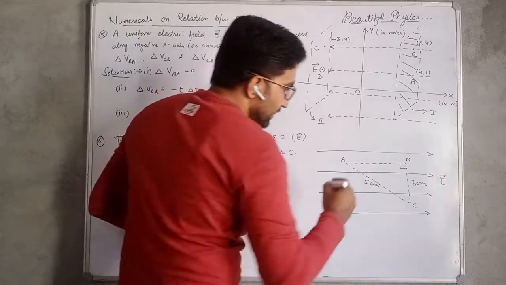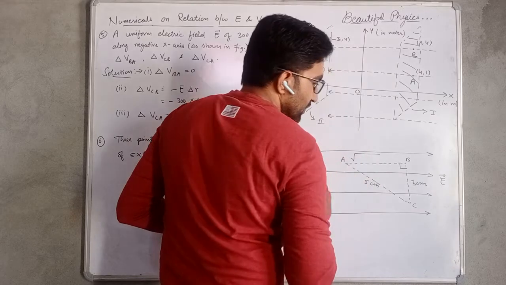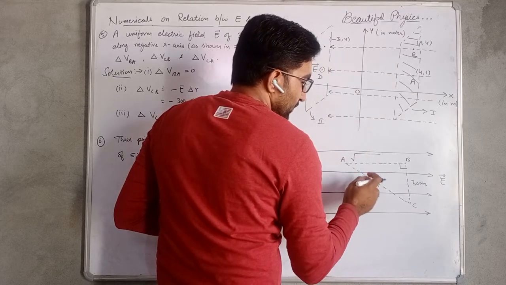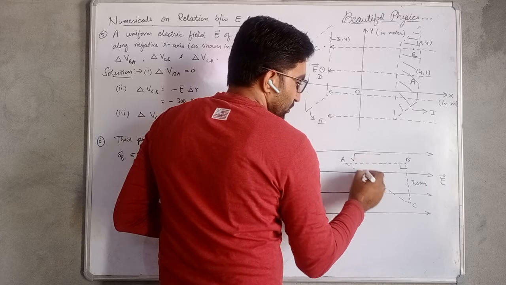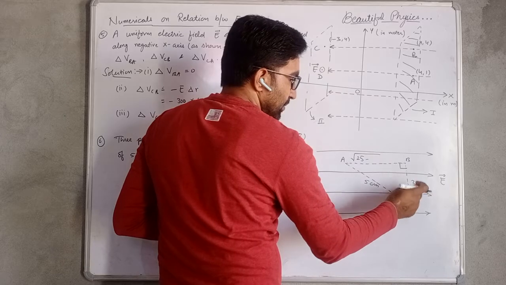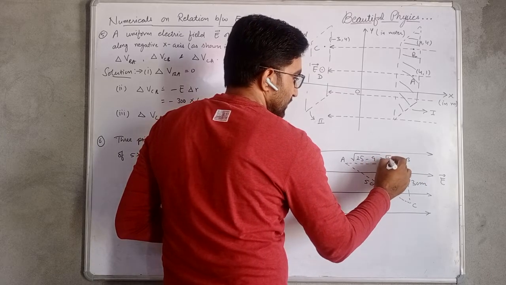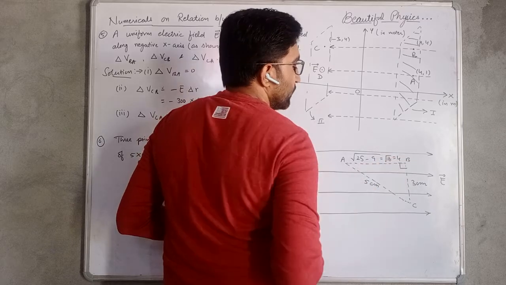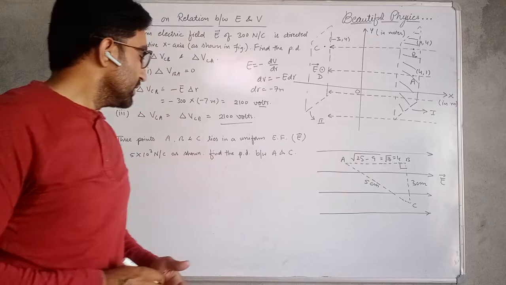So we can find the value of AB here by using Pythagoras theorem: the perpendicular will be equals to the square root of hypotenuse square, 5 square 25, minus base square, 3 square 9, it will be equals to square root 16, and it is equals to 4 centimeter. So the value of AB is 4 centimeter.